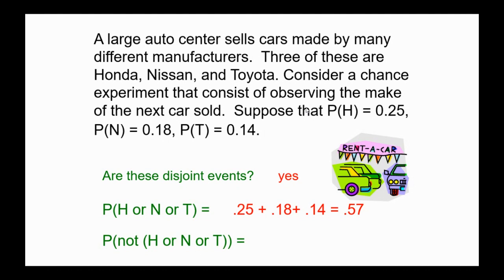Yes, Nate. Do you have to say word after every letter or just the last letter? What do you mean? Like instead of H or N or T, you say H N or T? No. It has to be H or N. Yeah. And that just deals with probability terminology. Instead of saying the word or, you traditionally would use the union symbol, the thing that looks like a U, which we talked about on Friday.